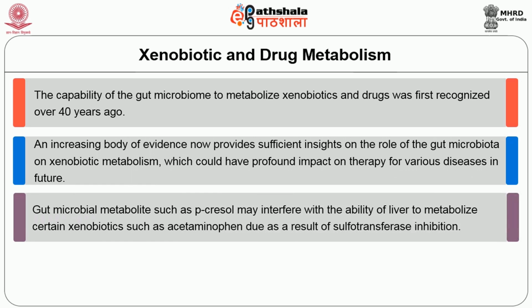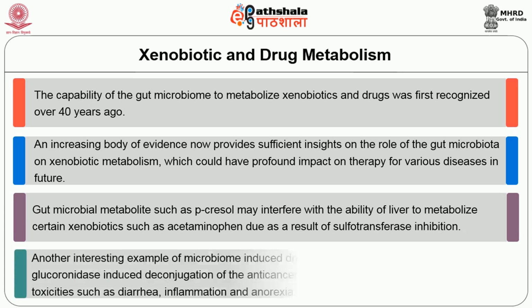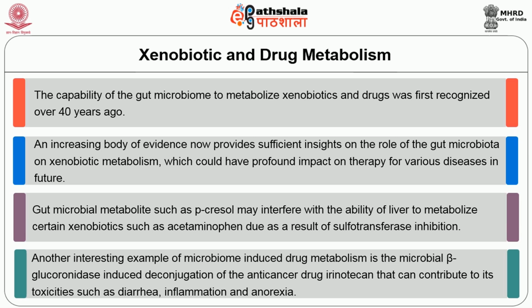Gut microbial metabolites such as p-cresol may interfere with the ability of the liver to metabolize certain xenobiotics such as acetaminophen, as a result of sulfotransferase inhibition. Another interesting example of microbiome-induced drug metabolism is the microbial beta-glucuronidase-induced deconjugation of the anti-cancer drug irinotecan, which can contribute to its toxicities such as diarrhea, inflammation and anorexia.